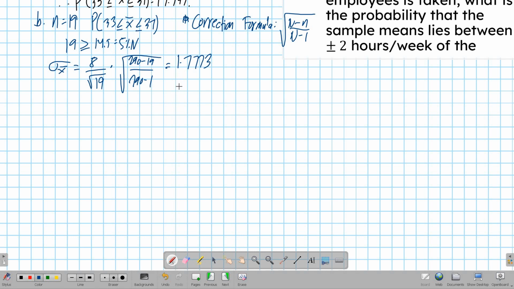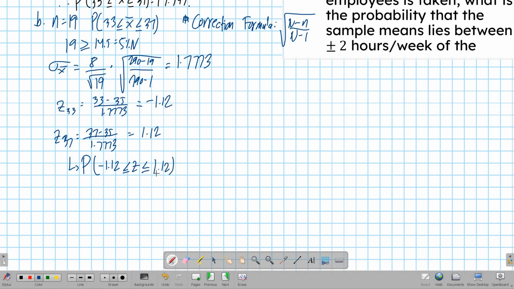Therefore, this is what we use to find the z-scores for 33 and 37. The z-score of 33 would then be equal to 33 minus 35 over 1.7773, and this actually gives us negative 1.12. Meanwhile, the z-score of 37 would be 37 minus 35 over 1.7773, and that gives us positive 1.12. Which now tells us we need to find the probability that the z-score is between negative 1.12 and positive 1.12.